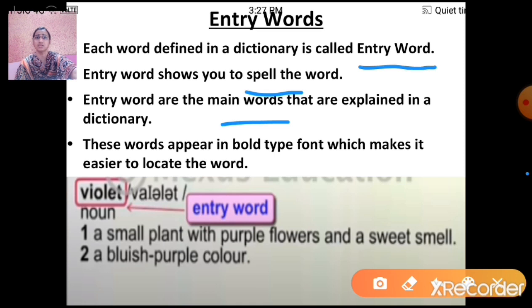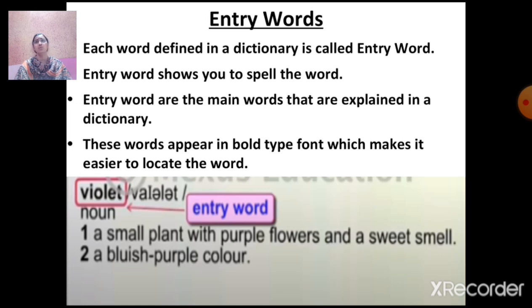Now these words appear in bold type font, which makes it easier to locate the word. For example, the word violet is the entry word. Now it has a bold type and is slightly bigger in font as compared to its information.